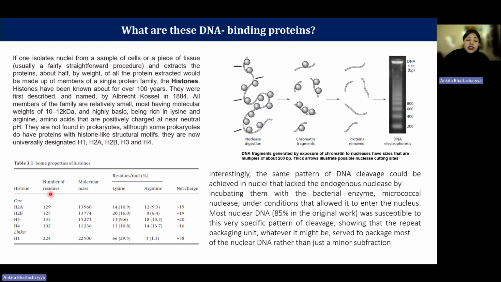You can see how many residues are present, their molecular mass, the percentage of residues that are lysine and arginine, and the approximate positive charge. All of these histones are positively charged, and a good percentage of them is predominantly lysine or arginine, and that is how the charge is imparted onto the histone protein.